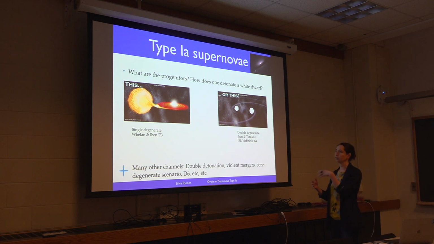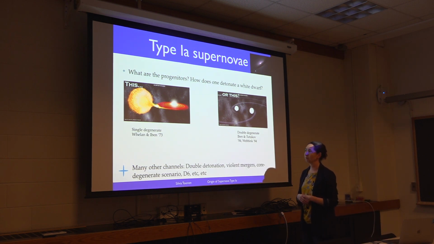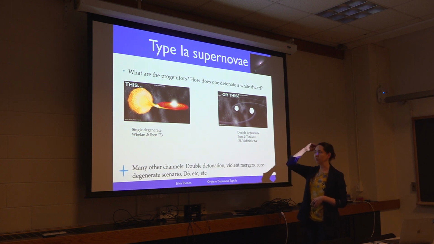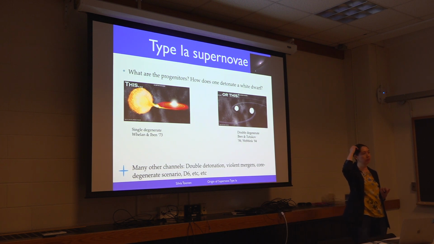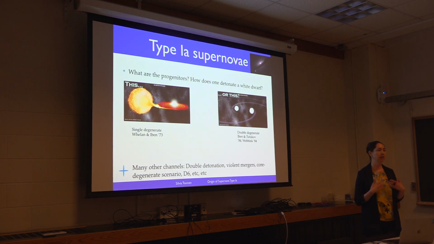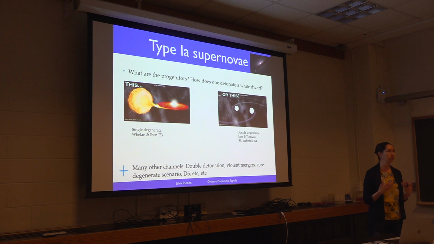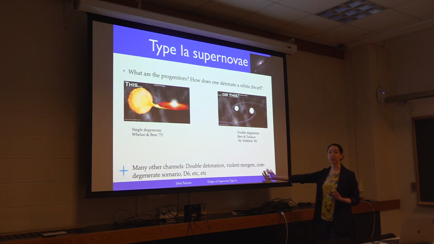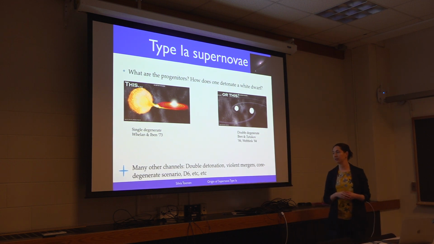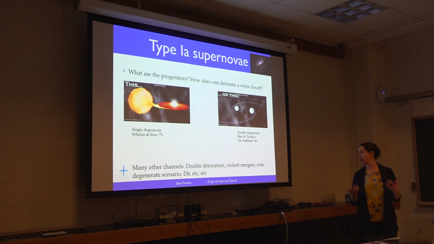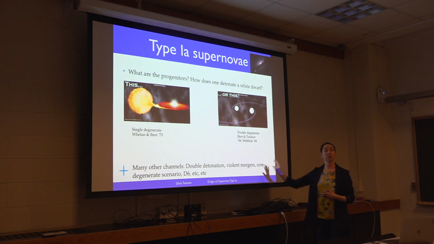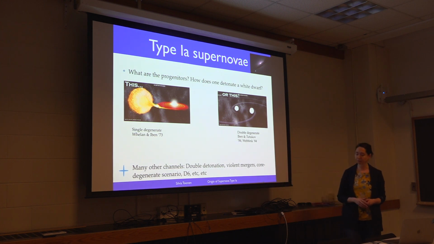Classically, there are two families of type 1a progenitors. On the left, the single degenerate, it's a white dwarf that's accreting from a companion star. And on the right, it's two white dwarfs, so double degenerates, that are merging. Classically, if they reach the Chandrasekhar mass, they would explode. There's also a variety of other models that are extensions, combinations, or completely new, that I don't want to go into right now because I don't have the time.